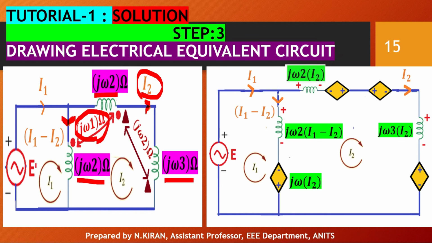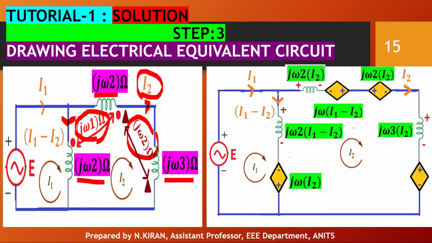Therefore, the mutually induced EMF in the second coil will be j omega 1 into I1 minus I2. Similarly, there is also magnetic coupling between the second coil and the third coil. The mutual inductance between them is j omega 2, and the current flowing in the third coil is I2. Therefore, the mutually induced EMF in the second coil due to the third coil is j omega 2 into I2.